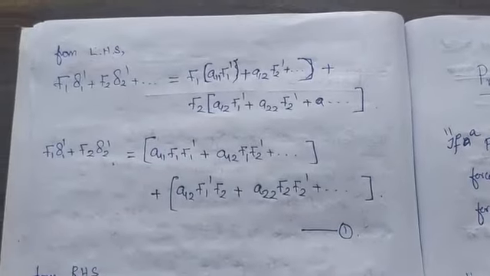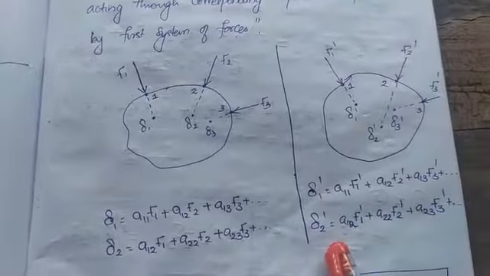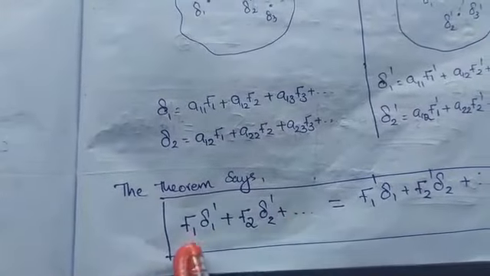We will see how you can find that. First of all, I am taking the left hand side. You know the values of delta 1 dash, delta 2 dash. So I take the LHS first, F1 delta 1 dash plus F2 delta 2 dash.